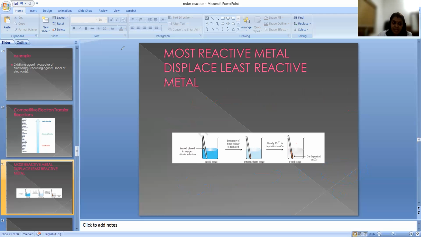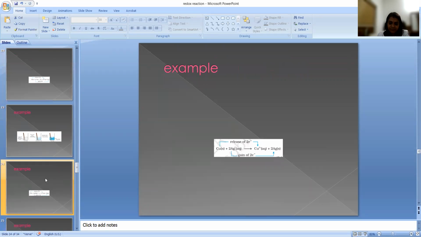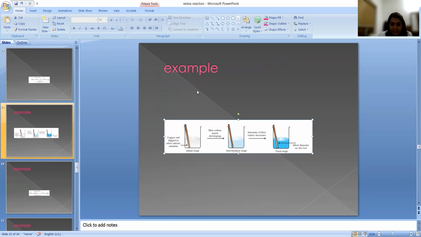Now let us see another competitive reaction like this. This is another reaction in which a copper rod is dipped in silver nitrate solution.